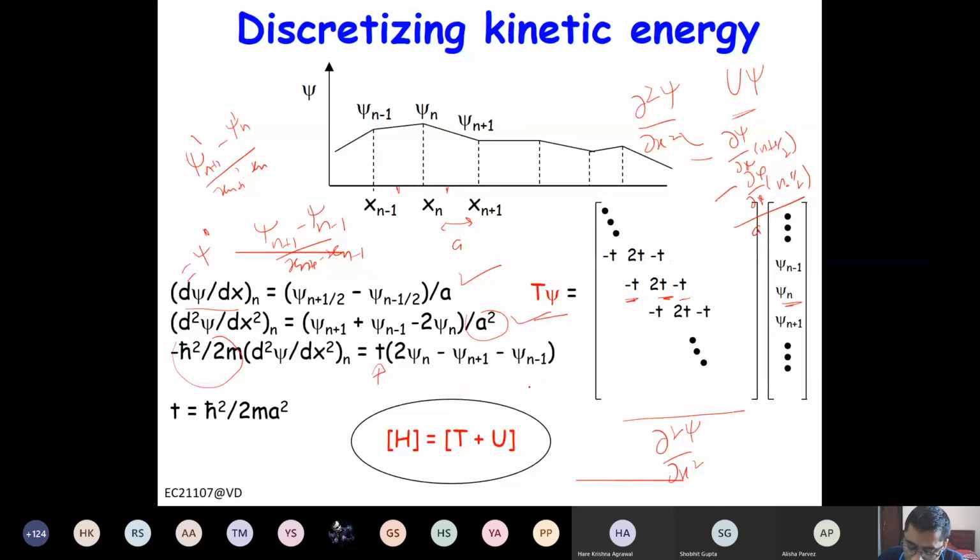So T plus U is a matrix, and so H psi is equal to E psi, right? So this H matrix, H psi is equal to E psi, right? So from this, if you calculate the eigenvalues of H, you will get these energies E, and you will also get the corresponding wave functions. So that you can do here.